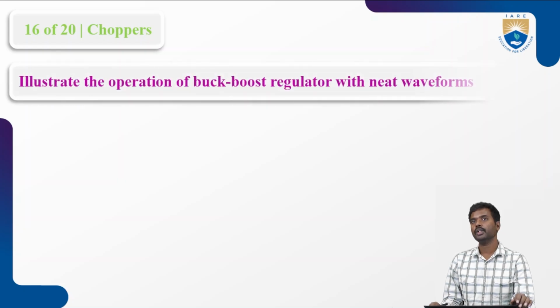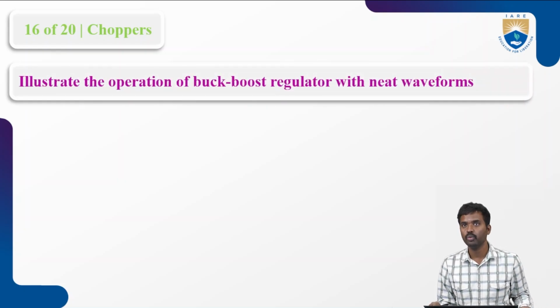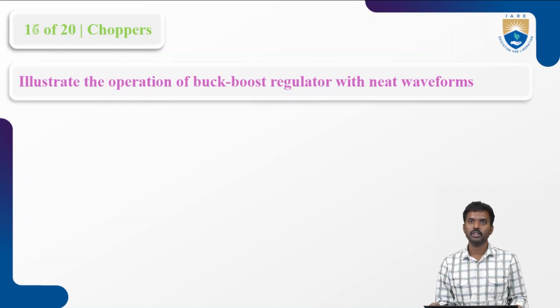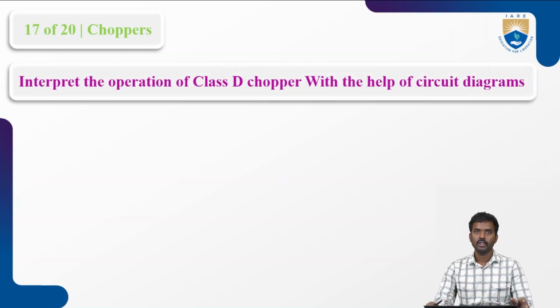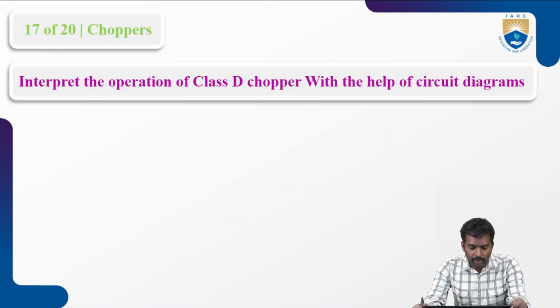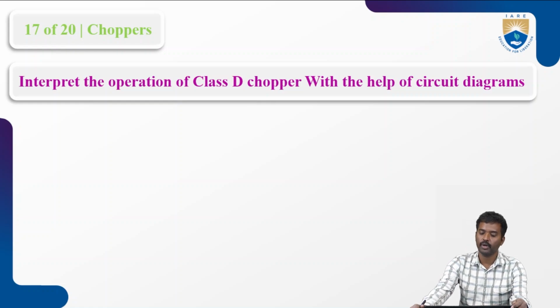Now illustrate the operation of buck boost converter. This one is also we discussed. And next, interpret the operation of class D chopper with the help of circuit diagrams.